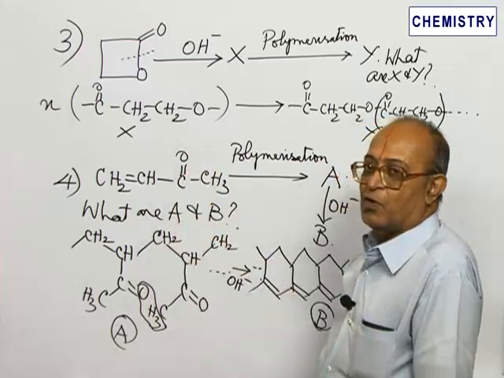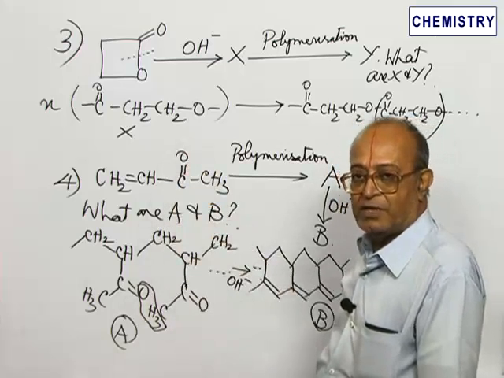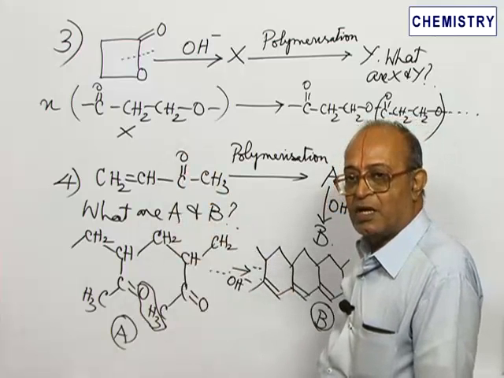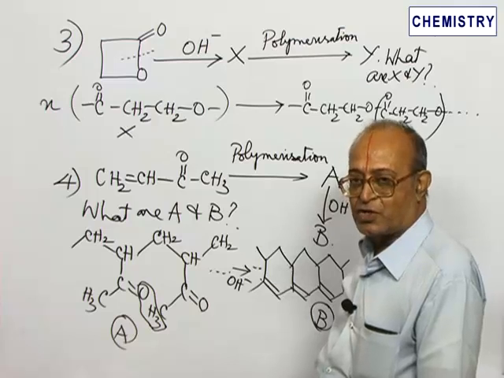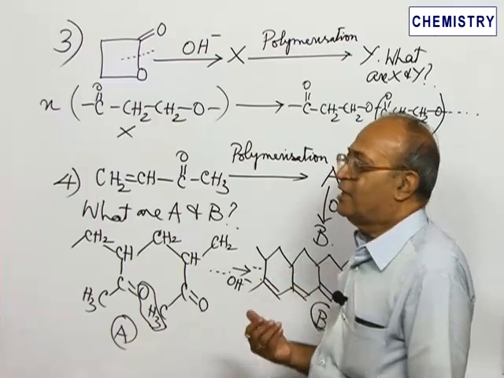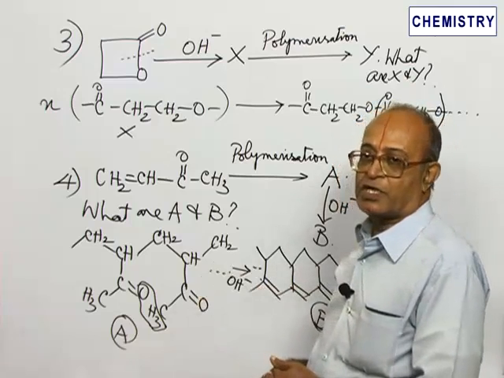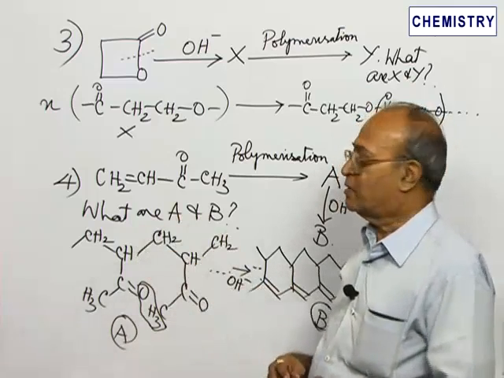So if you consider and compare these two questions, question number 3 involves the rupture of the ring structure so that a linear species is formed which leads to the production of a linear polymer.